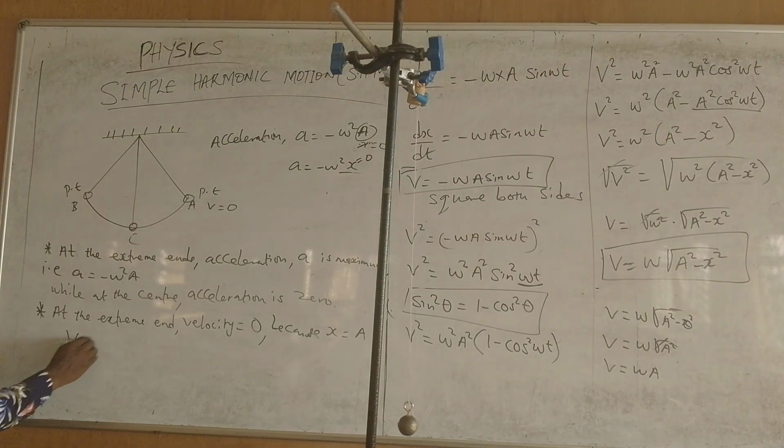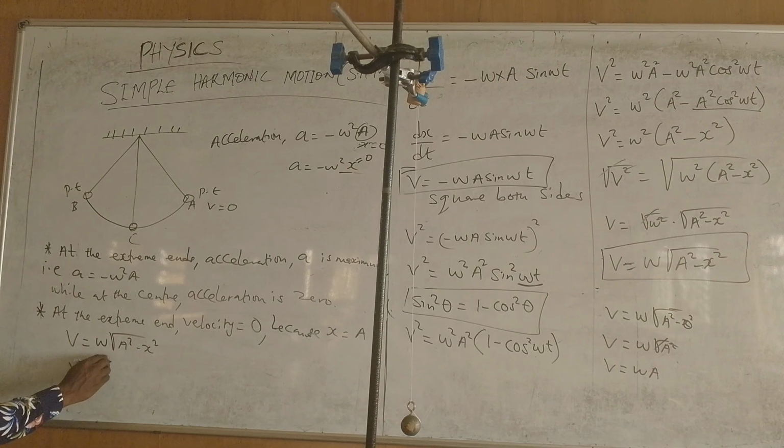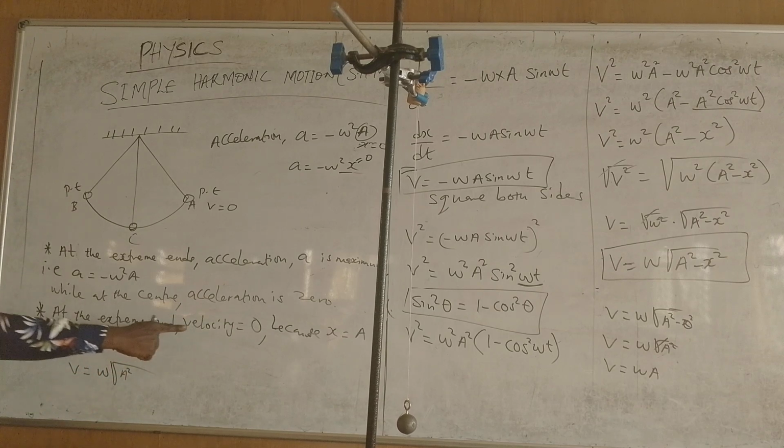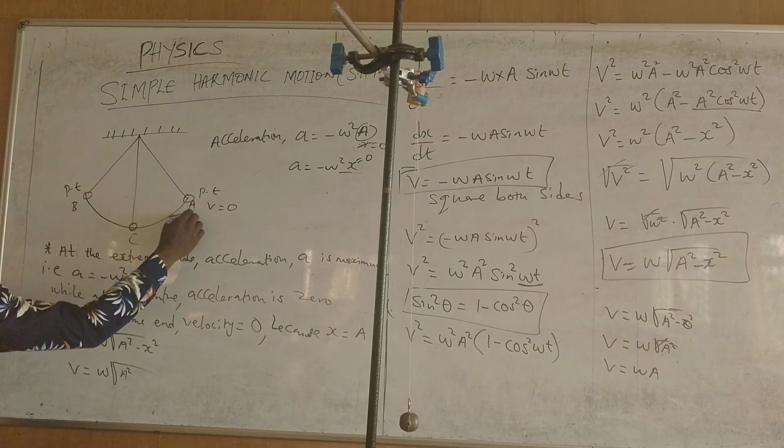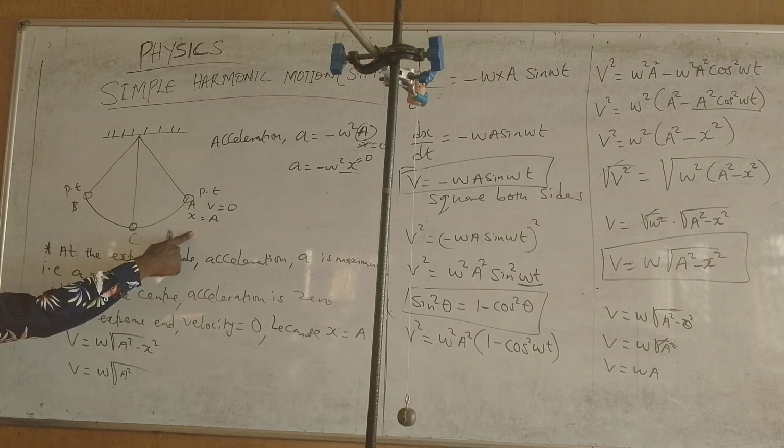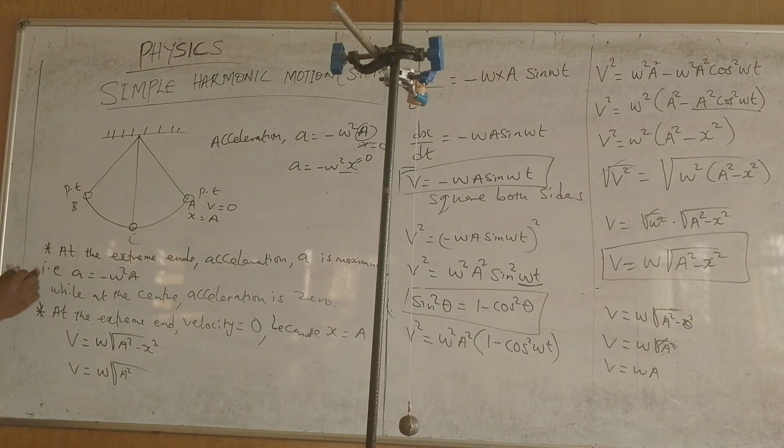Since v is equal to omega root A squared minus x squared, at the extreme end, x is equal to A. Our horizontal displacement x is now equal to the maximum displacement A, which is the amplitude.